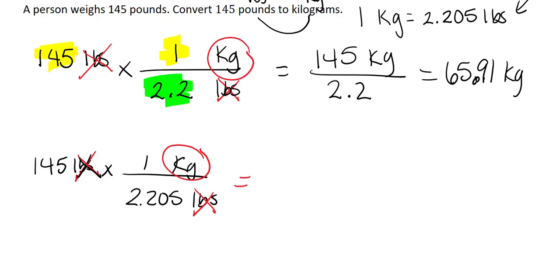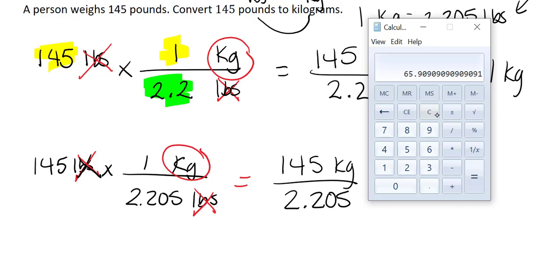So 145 times 1 is 145 kilograms, and then we divide by 2.205. Get calculators out, 145 divided by 2.205, and we get 65.76.